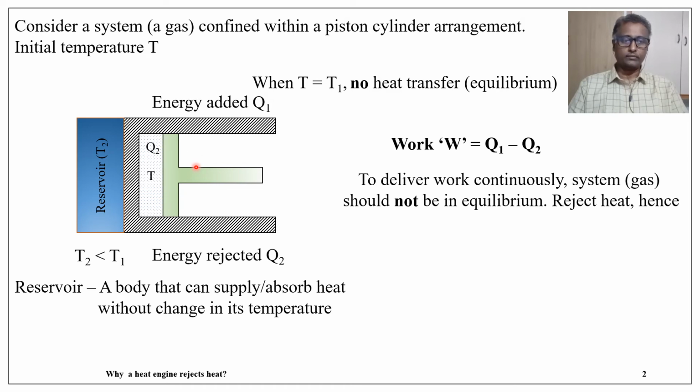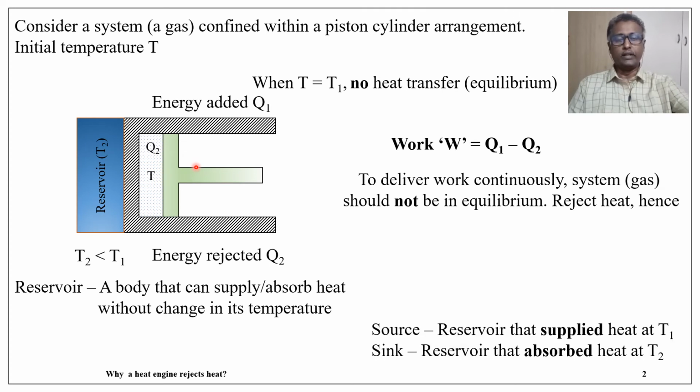Before proceeding further, we define two terms. One is source. In our example, source is the reservoir that supplied heat. Sink is the reservoir at temperature T2 that absorbs the heat from the system. So source supplies heat, sink absorbs heat.